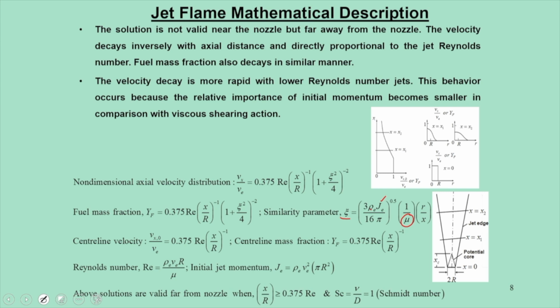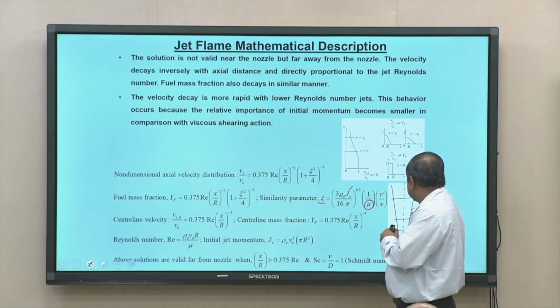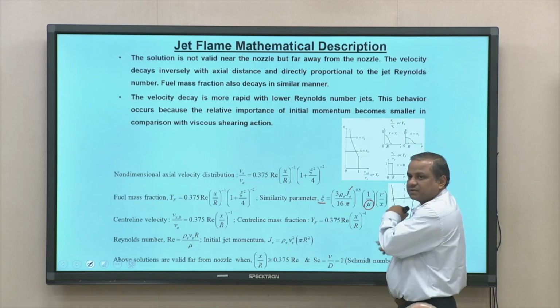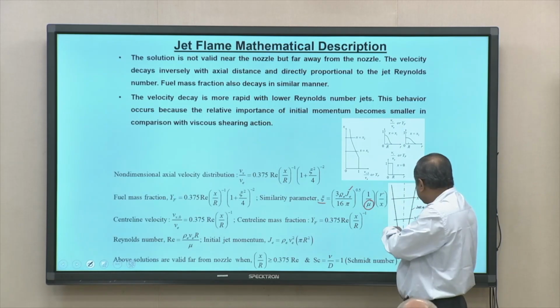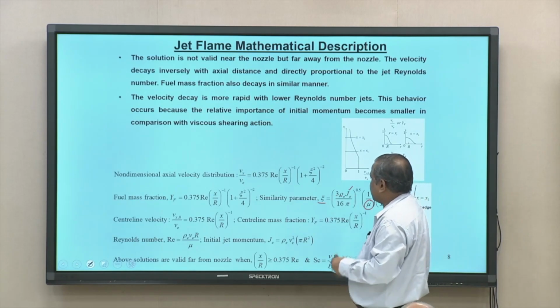All these terms are combined in a particular manner with a ratio R by X. R stands for the radial direction and X stands for the axial direction. So this is a very unique parameter which depends on the initial condition of the fuel jet, just at the exit of the nozzle.